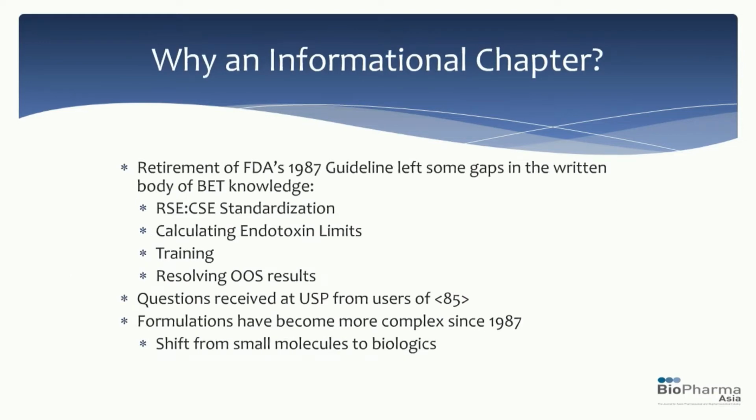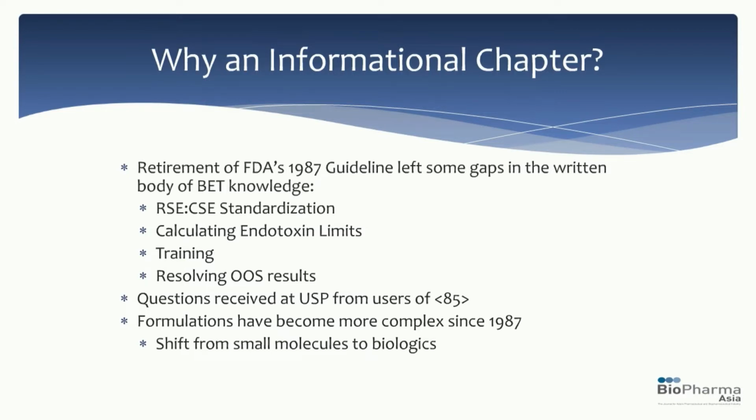So why are we doing this informational chapter? Well, if you're old enough to remember, there was a guideline published in 1987 by FDA, and it was retired in 2012 and replaced with a series of questions and answers. Upon the retirement of that 1987 guideline, we felt that there were some gaps in the written literature about how to execute an LAL test. For example, there's nothing in the literature that tells us how to do an RSE-CSE standardization.